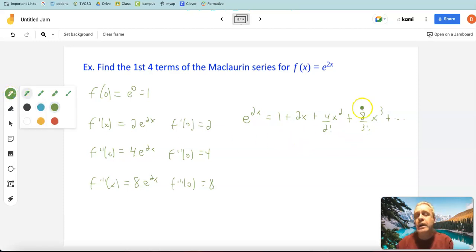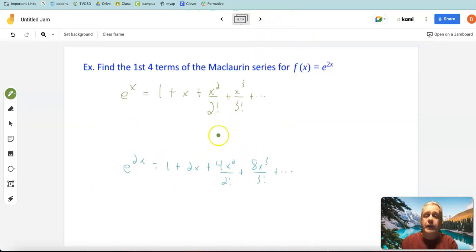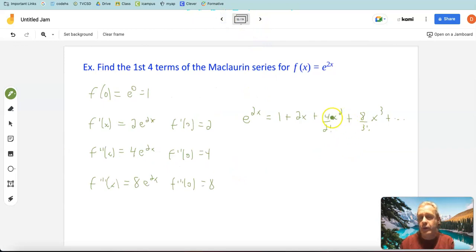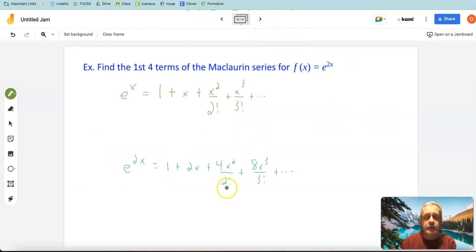All right, so now I'm going to look at this particular setup in a little more detail. And I'm going to have at my side here also the Maclaurin series for just e to the x. The detail I want to look at here is I just rewrote these terms. I put the 4x squared as the numerator and 8x cubed here as the numerator. What I really want to get at here is that this was e to the 2x.